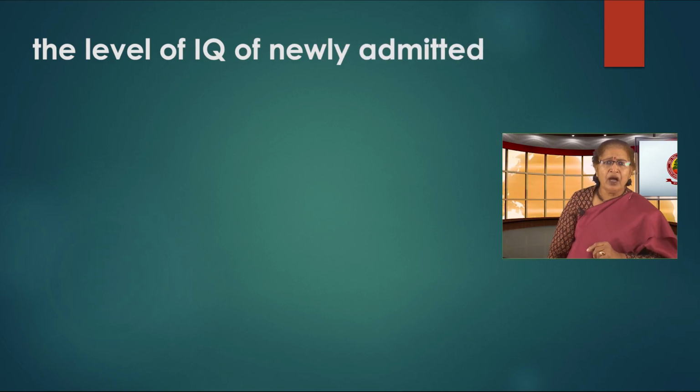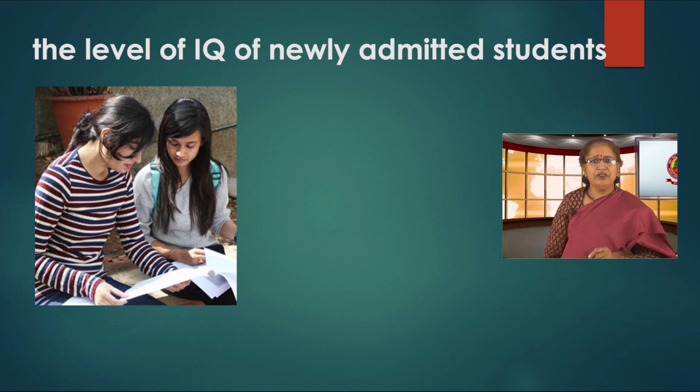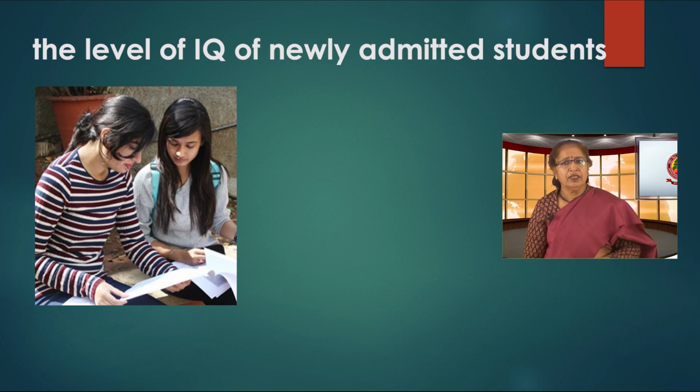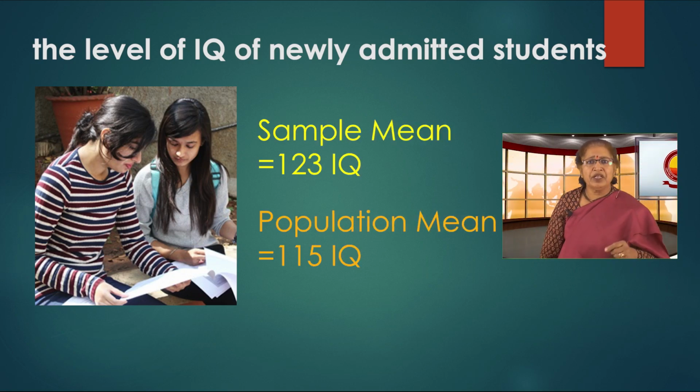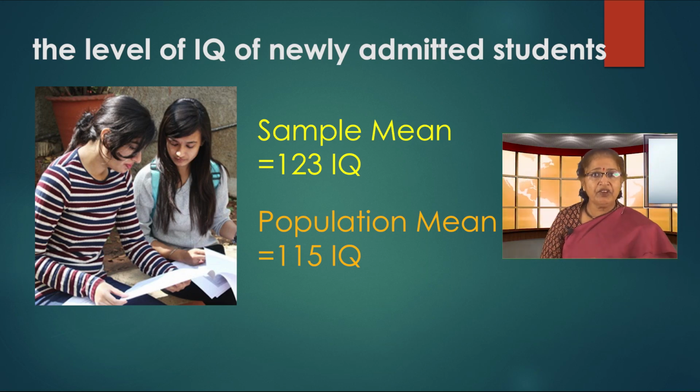Do you remember how my two students worked on the estimation of the level of IQ of my newly admitted students? They calculated the mean of the sample data as 123, whereas the value of the population mean was 115. If our sample was a true representative of the population, it had to yield 115 as the mean score.